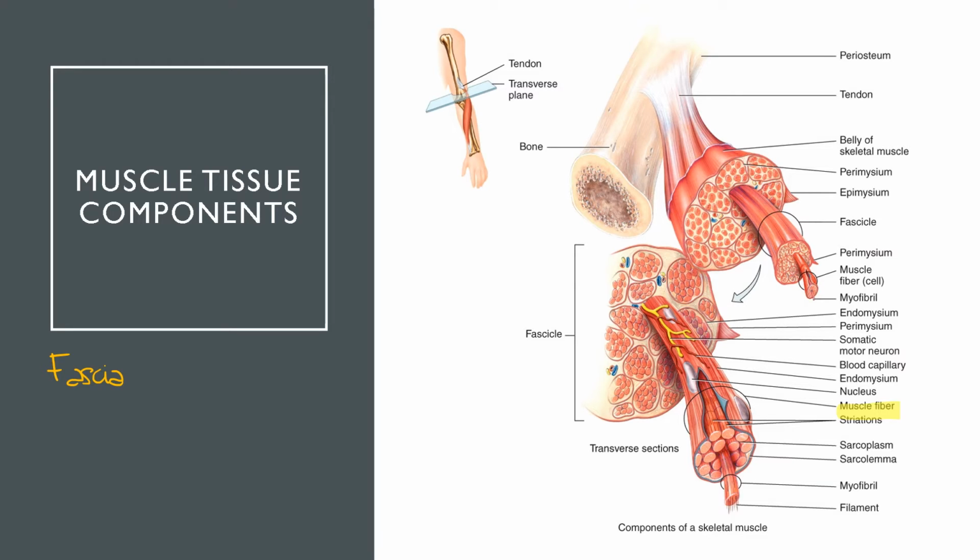So in this picture on the right here, we can see an entire muscle fiber, which is what this circle is around. So this is one muscle fiber or a muscle cell.